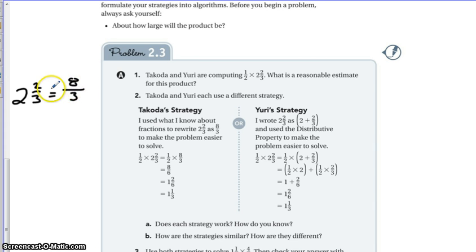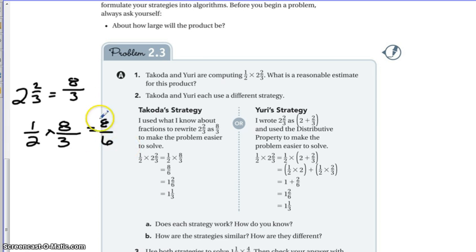So 8/3 and 2 2/3 are the same number. Through our earlier multiplication strategies, we talked about how we can multiply two fractions together by multiplying the numerators together and the denominators together. So 1 times 8 would equal 8, and 2 times 3 would equal 6. So that's 8/6, and then we would simplify 8/6 down.